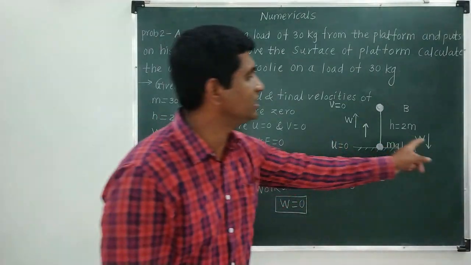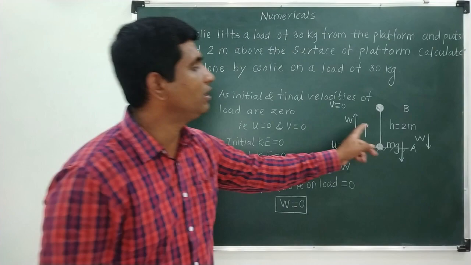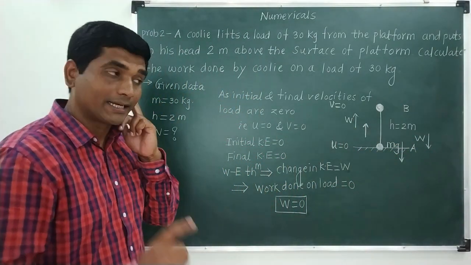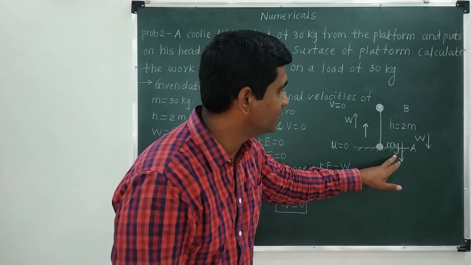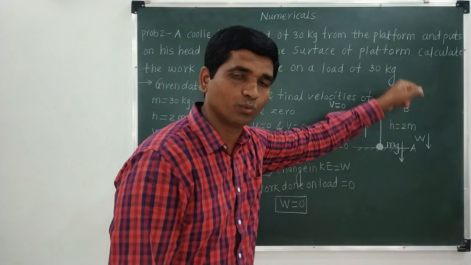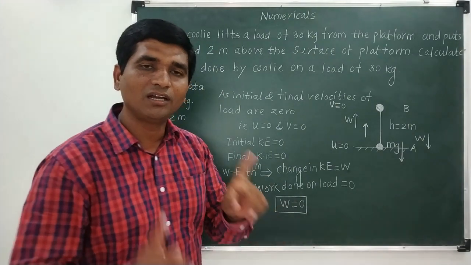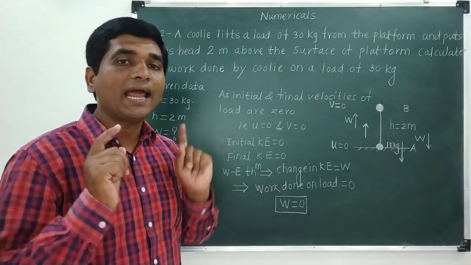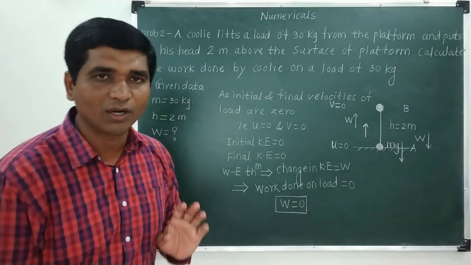Then and only then they will cancel each other. Downward it is the work done by the gravity, and upward it is the work done by the pulley on the load. They are opposite and equal. That is why this work done is coming out to be 0.